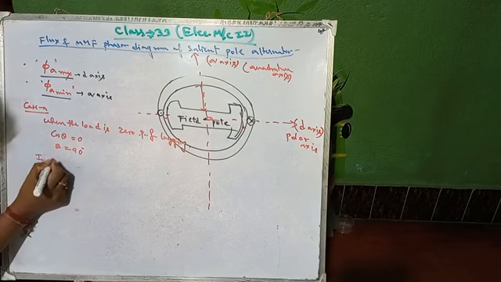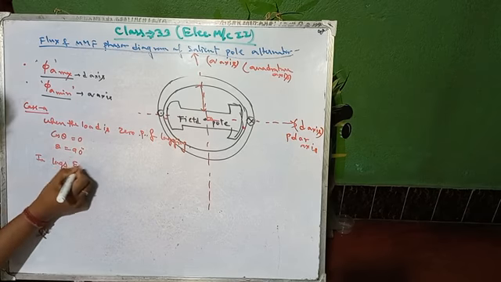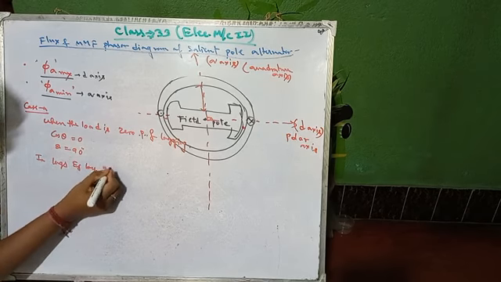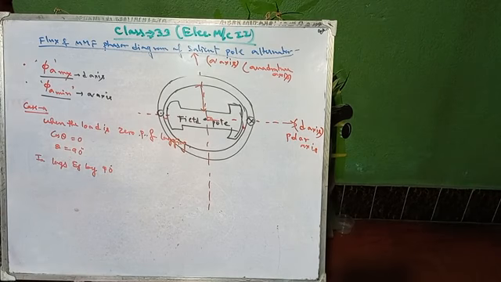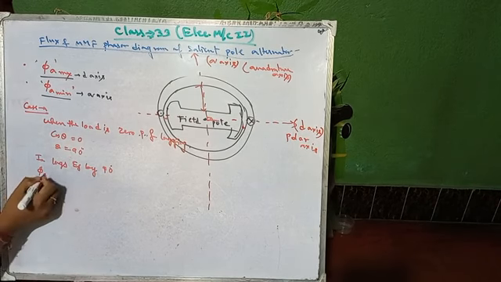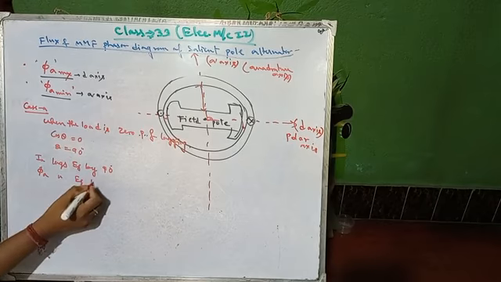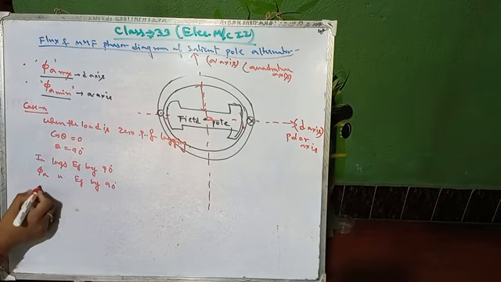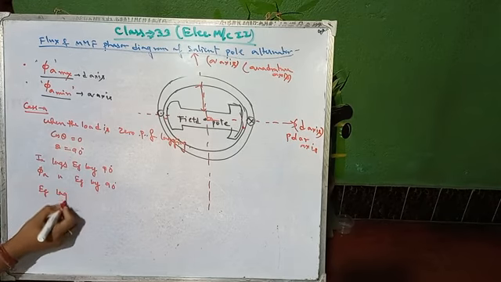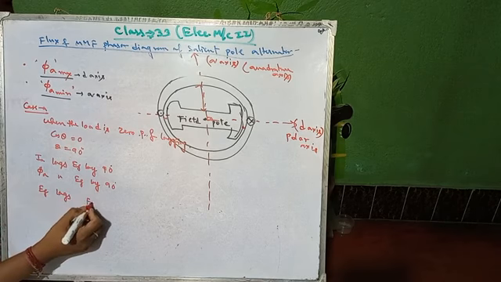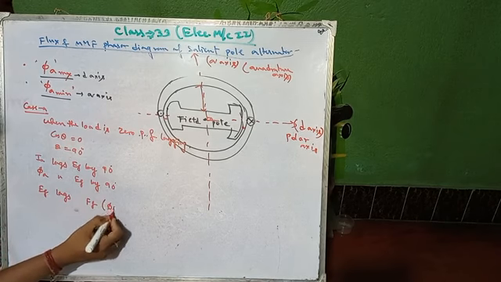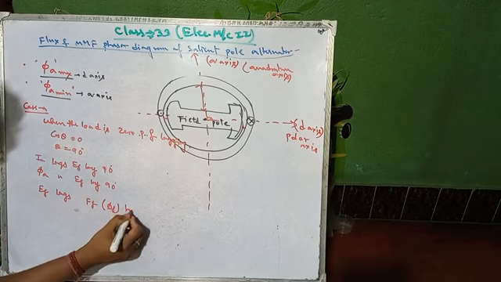Then IA lags EF by 90 degrees. So IA lags EF by 90 degrees, that is phi A also lags EF by 90 degrees, and always EF lags phi F by 90 degrees.